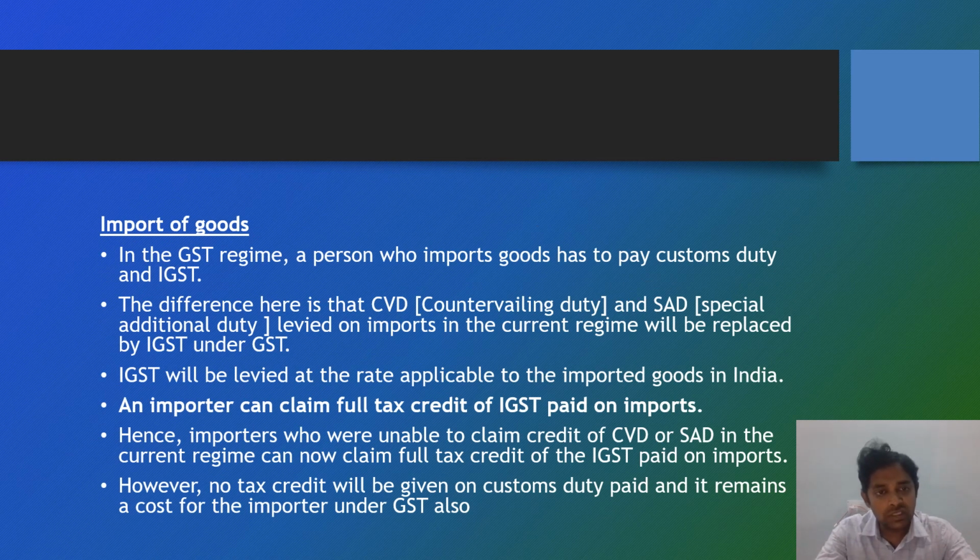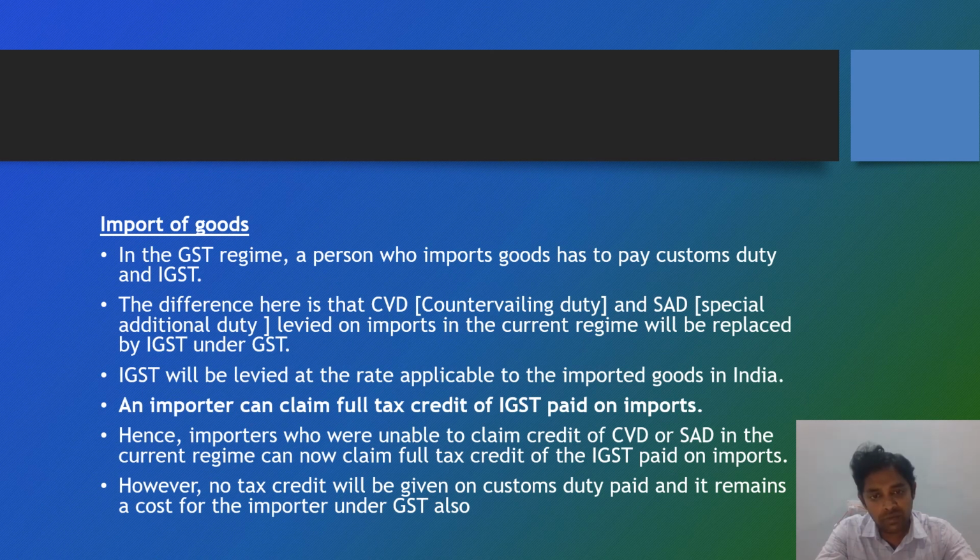Now let us understand the tax implication on imports and exports. Import of goods. In the GST regime, a person who imports goods has to pay customs duty and IGST, that is integrated GST. The difference here is that CVD, that is countervailing duty, and special additional duty SAD levied on imports in the current regime will be replaced by IGST under GST. IGST will be levied at the rate applicable to the imported goods in India.